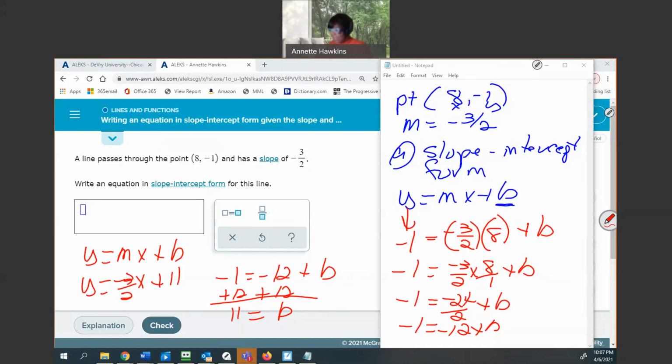Now notice that I had to do a second step there. I plugged everything in, and then I found b. All right, let's use the point slope formula, and then you can decide whether you can just use one thing all the time. If I use the slope intercept form, I have to plug these in, find b, and then plug it back in.